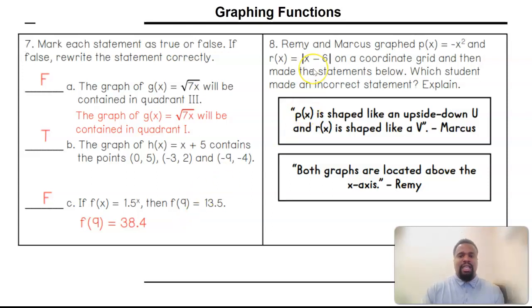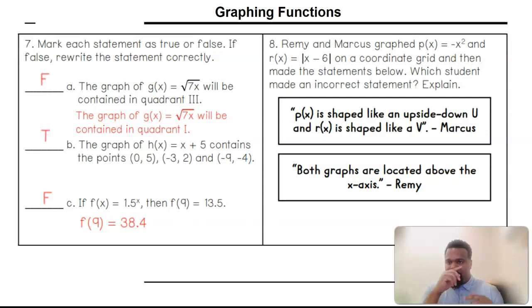And then number 8, it says Remy and Marcus graph p of x equals -x squared and r of x equals the absolute value of x minus 6 on the coordinate grid and make these statements below. Which student made an incorrect statement? Marcus says p of x is shaped like an upside down U and r of x is shaped like a V. Remy says both graphs are located above the x-axis.